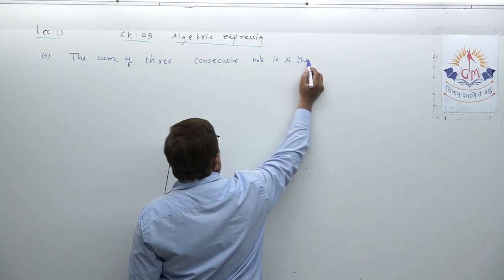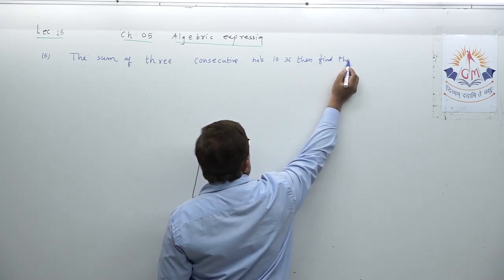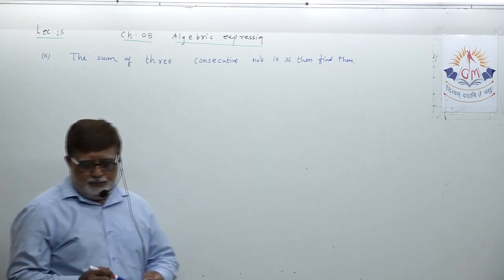Then find them. We have to find those numbers. How many numbers? 3 numbers.